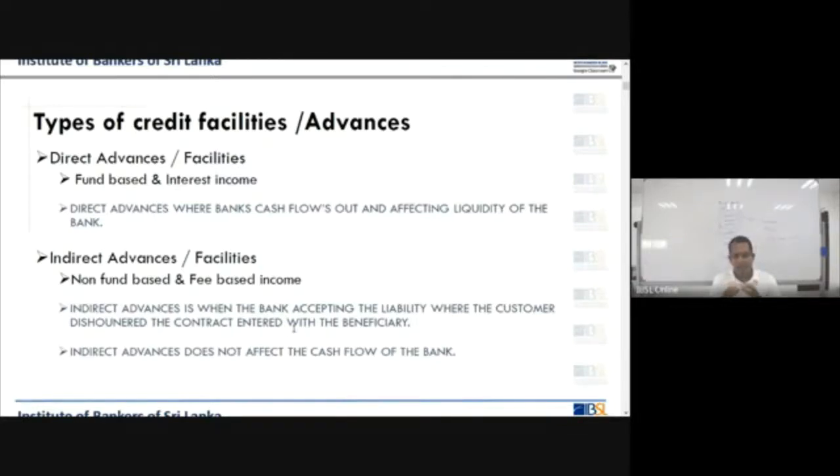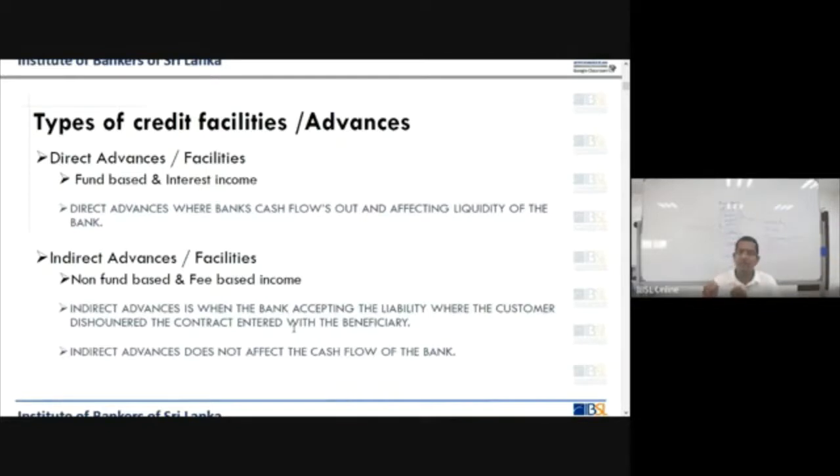right? Then indirect facilities, or off balance sheet facilities, or contingency facilities, we are not giving out money, we accept a liability, right? As a bank, we accept a liability on behalf of a customer.